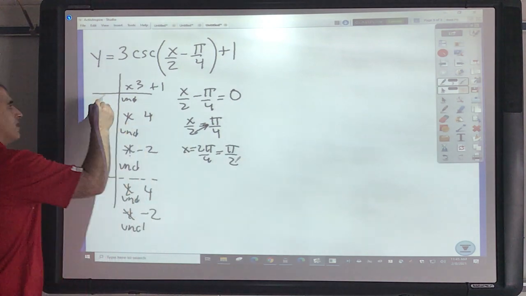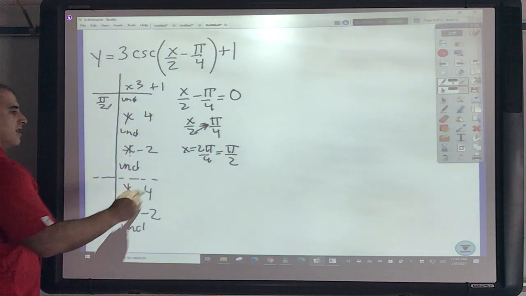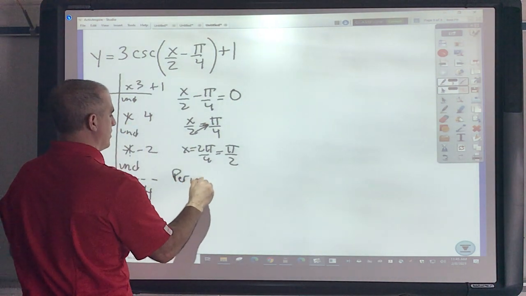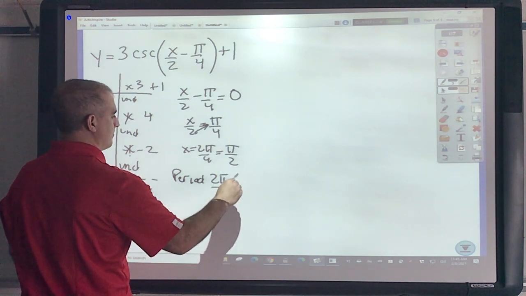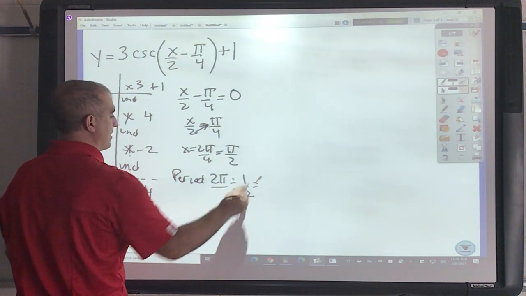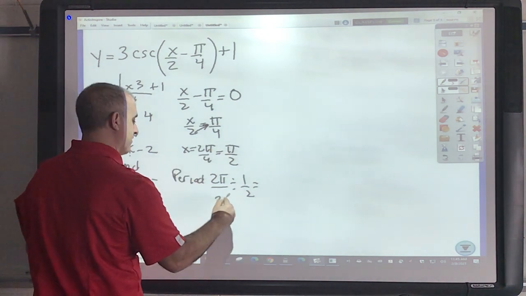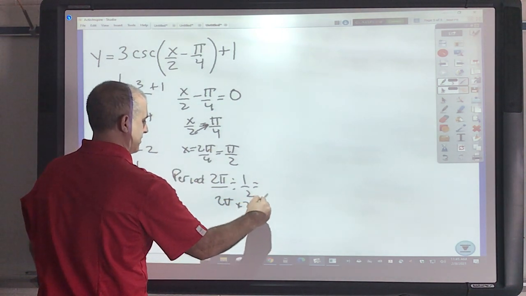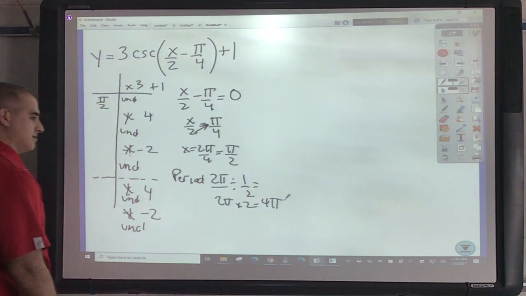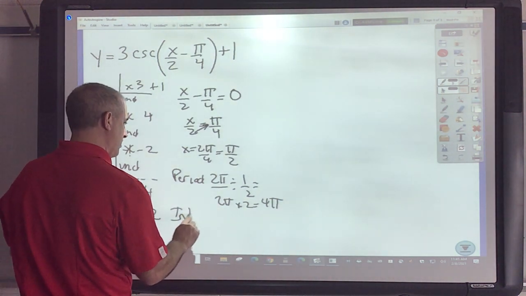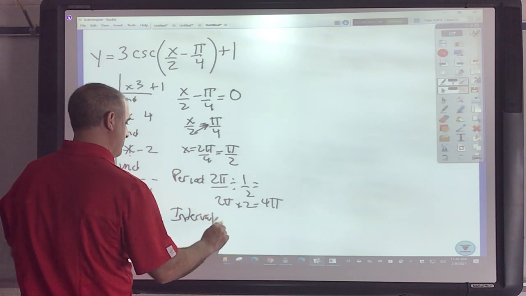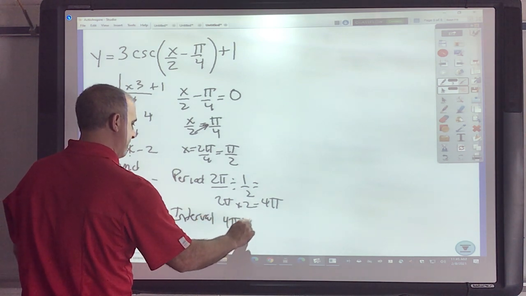So that is my starting angle. I want to get my period, 2 pi divided by the number in front of x, which is 1/2. You gotta be careful here. Fraction flips over. So that's gonna be 4 pi. My interval is gonna be my period, which is 4 pi, divided by 4, which would be 1 pi.